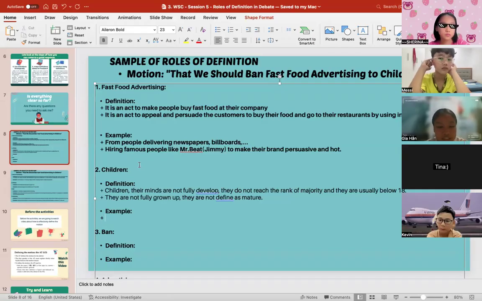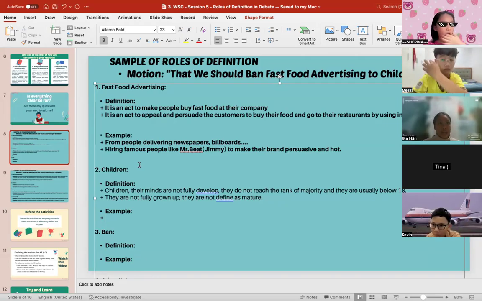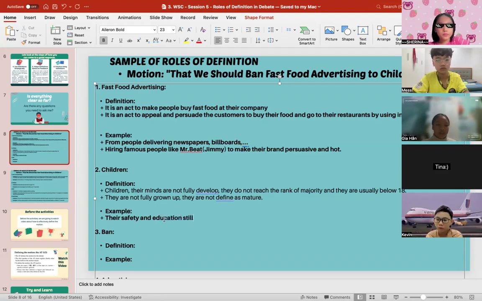Yeah, so the example of children, maybe it can be like the children who are at the age that they have someone like their parents to be responsible for them, and at the age that they don't really have to take risk or be responsible for anything big, like consequences for law in their country.